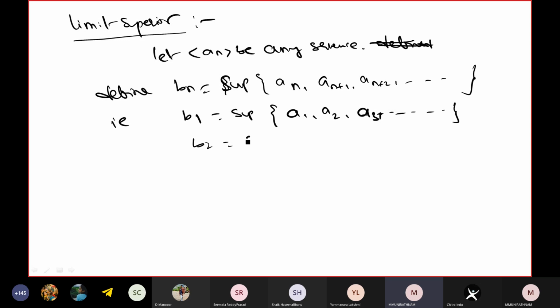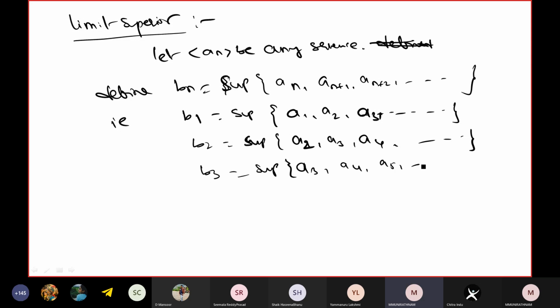B2 is the supremum of A2, A3, A4, and so on. B3 is the supremum of A3, A4, A5, and so on.